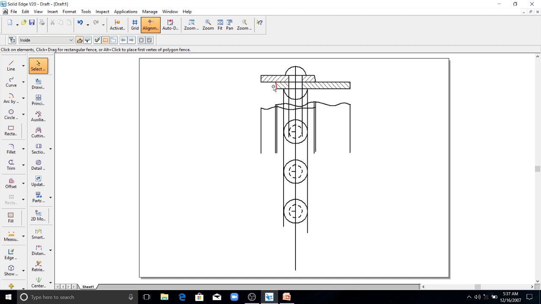Different plates, so that's why you draw it in a different angle. So next you have to complete the bottom portion.